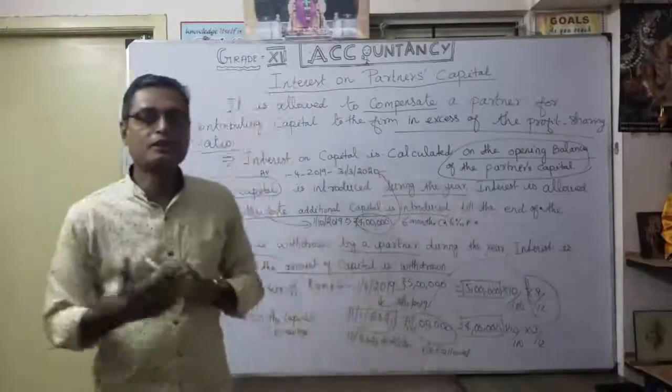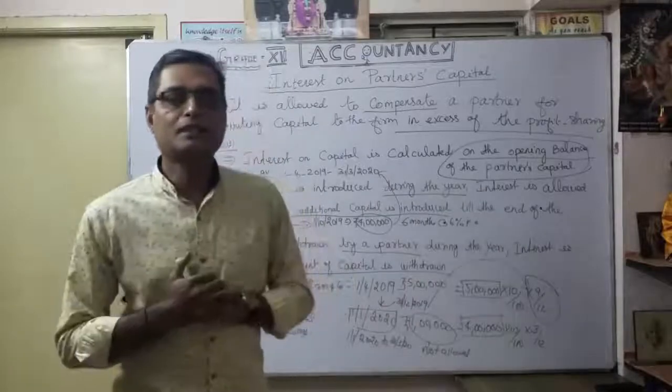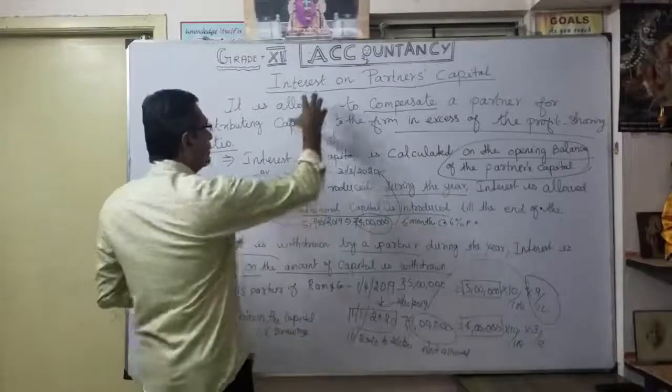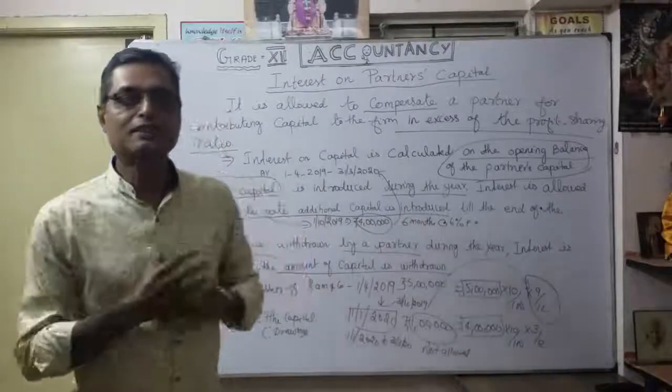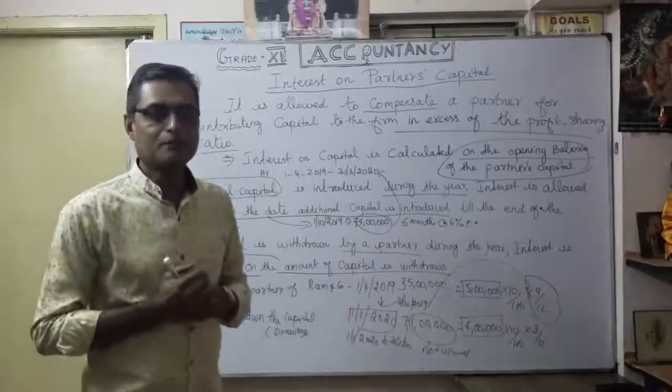Now we're going to see the next one, the reason and the justification for why we are going to calculate interest on capital. Let's see what the justifications are according to the information available.